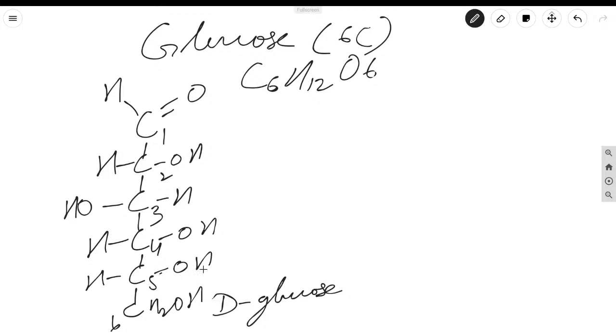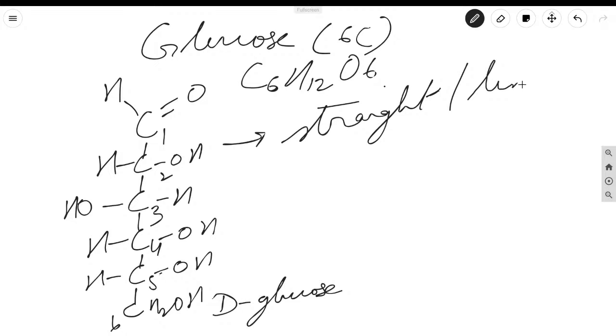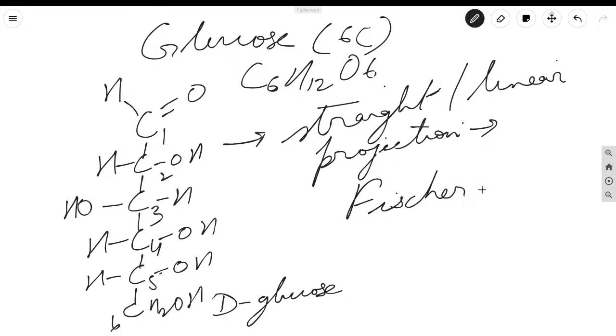So this is the Fischer projection, the straight line projection, or you can say linear projection, of any carbohydrate. This projection shows what?